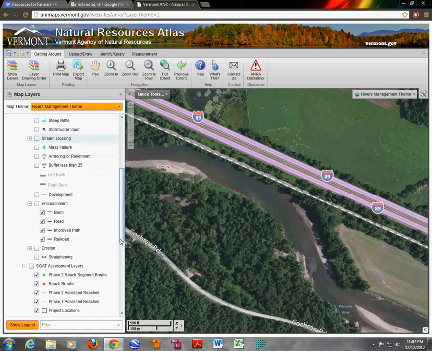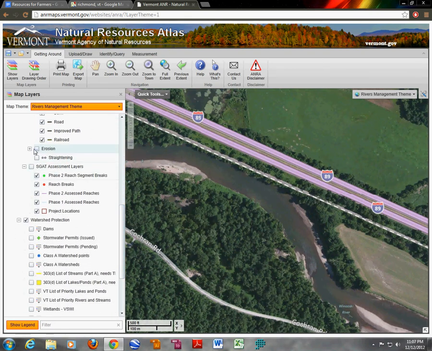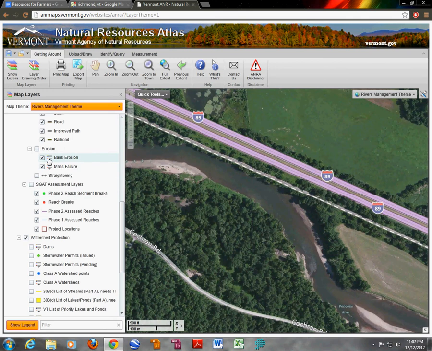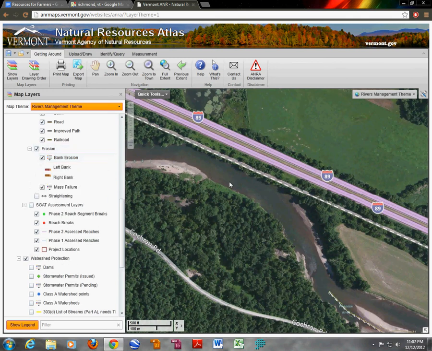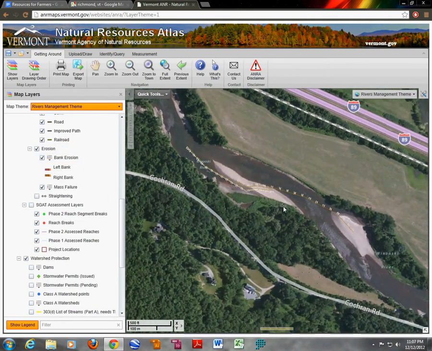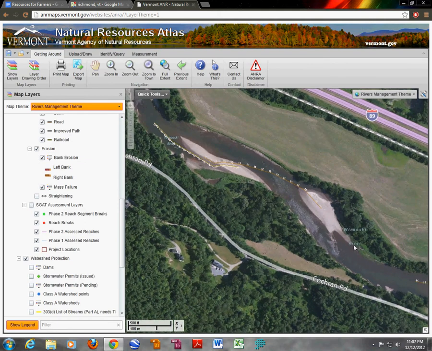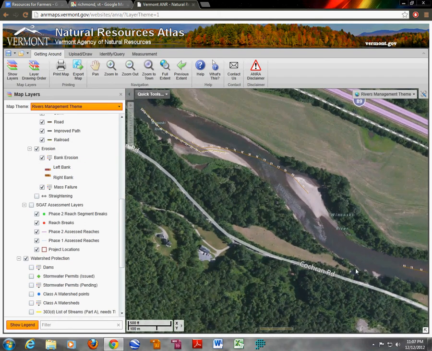There's also an erosion tab here, which is important. We can open it up and see that there's bank erosion on either side, and this is also helpful because erosion shows that the river is eating away at the bank, and that's because the river wants to flow where that is.